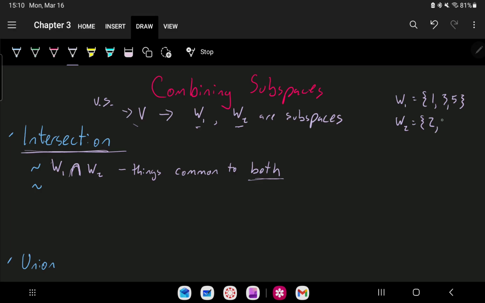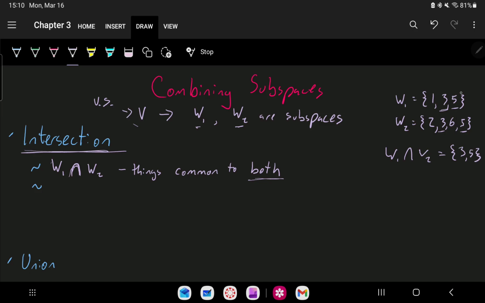And W2 is 2, 3, and 6. We'll also throw a 5 in there too for a later example. Well, in that case, then W1 intersection W2 is only going to be the things common to both. So in this case, it would be 3 and 5.